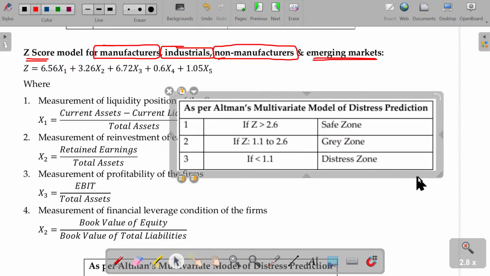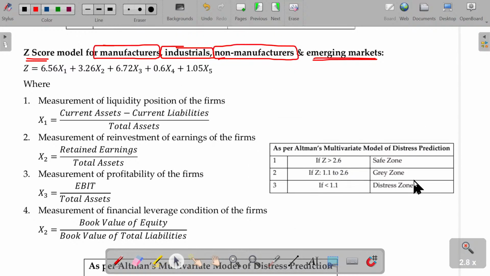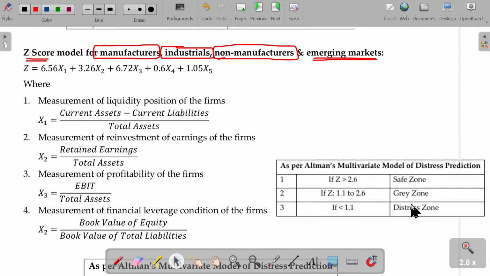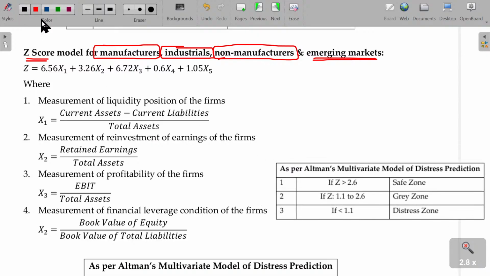Let me finish up this one also. This is only a formula. So, liquidity, reinvestment ability, profitability, financial leverage. What is not compared?